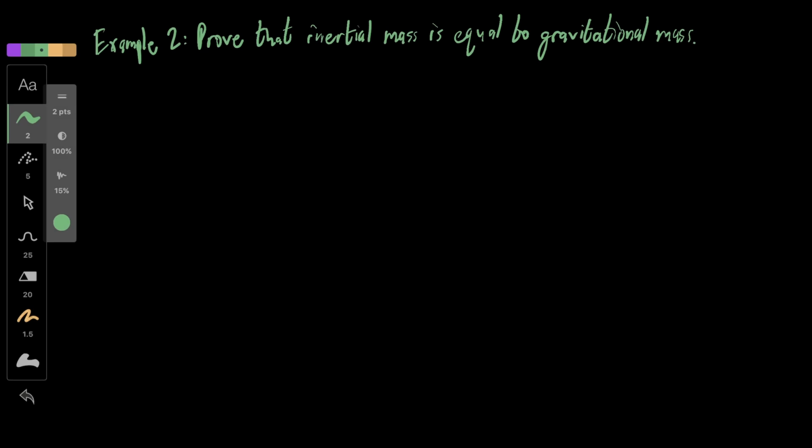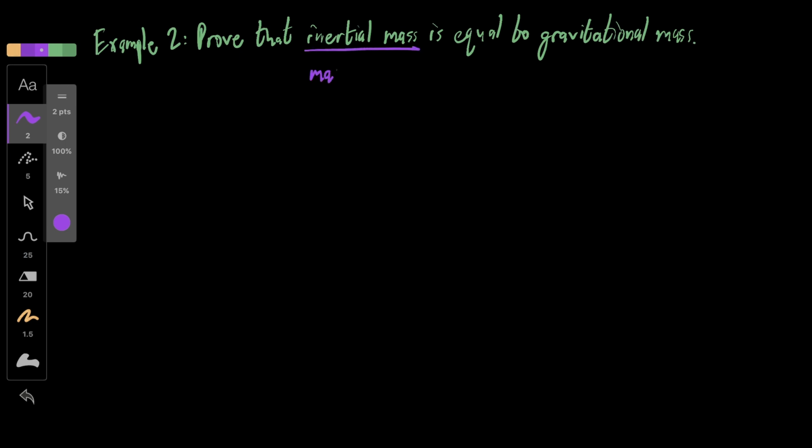This example is saying, prove that inertial mass is equal to gravitational mass. Now, what? There are different masses, but mass is supposed to be a constant. And you're right, and we're going to show how that's true. So, first, let's define these terms. What is inertial mass exactly?